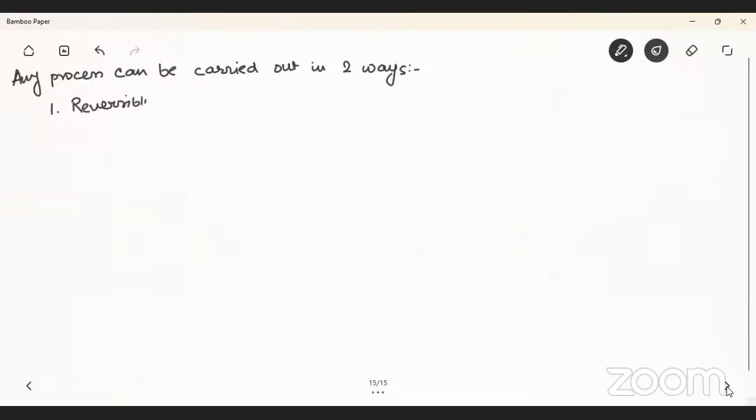So what is reversibility and irreversibility? Here I am writing the reversibility and here the irreversibility. Let's draw.